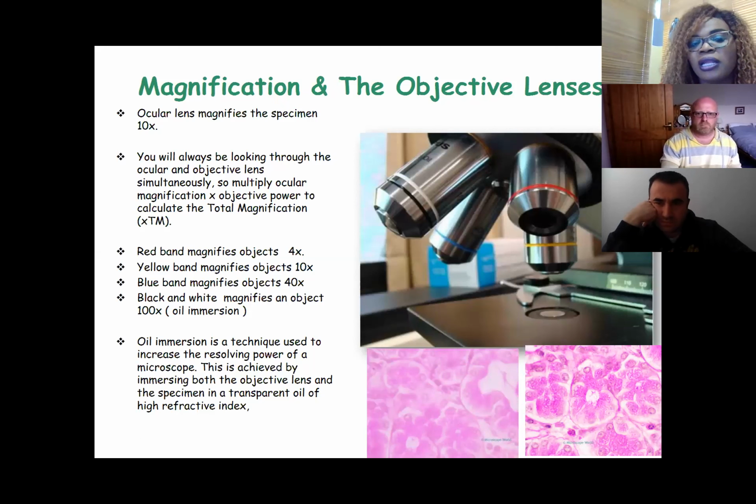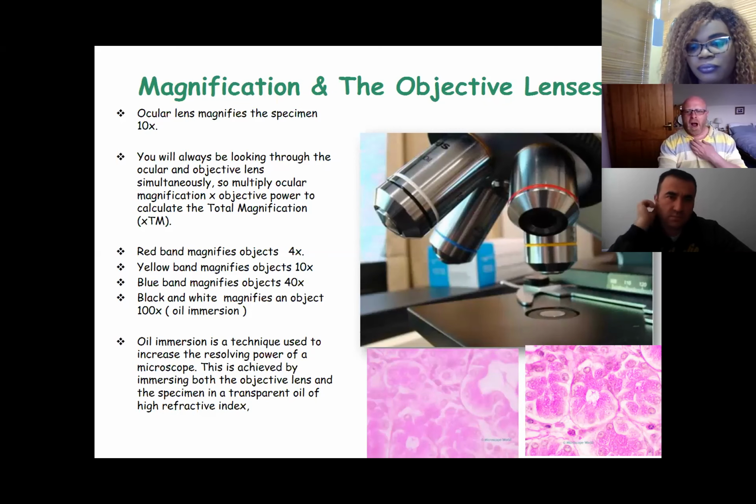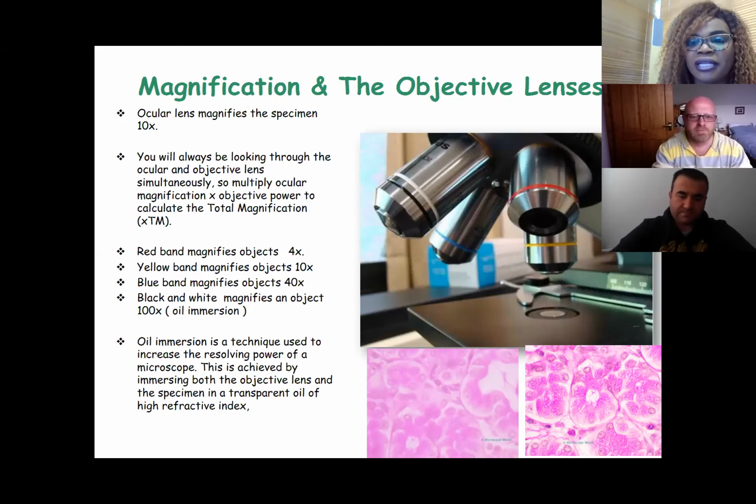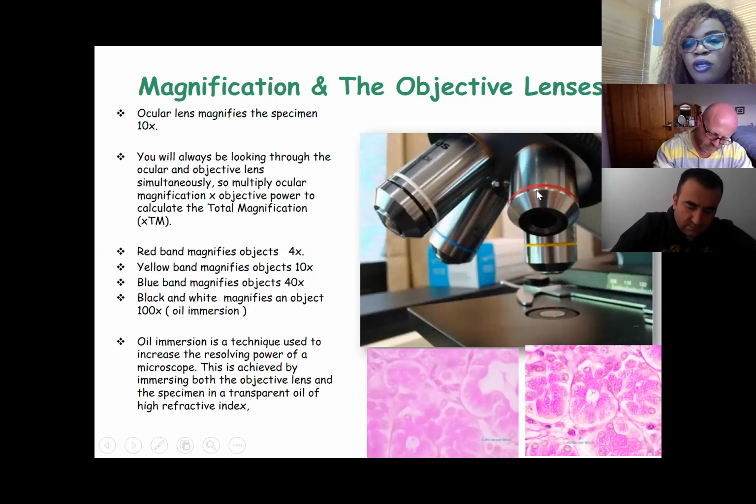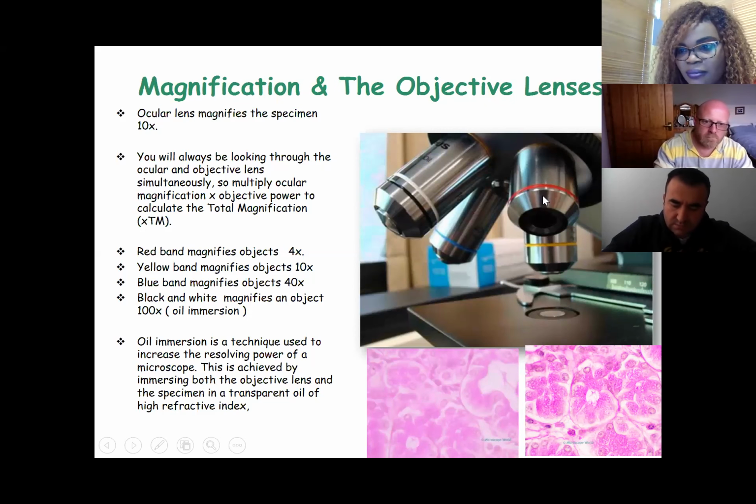Multiplying the ocular magnification by the objective power gives us what is called the total magnification. The red band here is normally times 4 magnification. So that'll be 10 times 4, that'll be 40. So I'm magnifying the object by 40 for the red band.